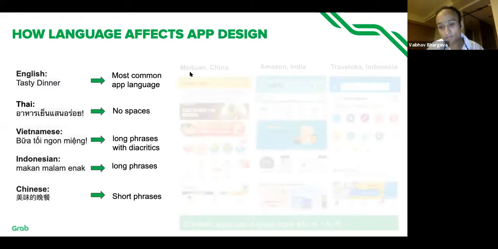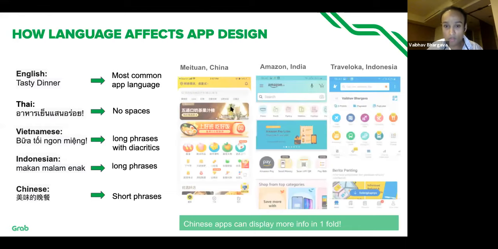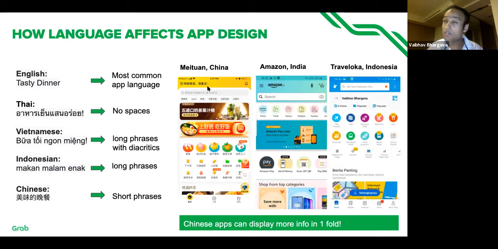Have a look at this. This is Meituan. Meituan is the third biggest technology company in China now. It's a super app that does food delivery, transportation, travel. Just look at the amount of information they are able to fit in one page.